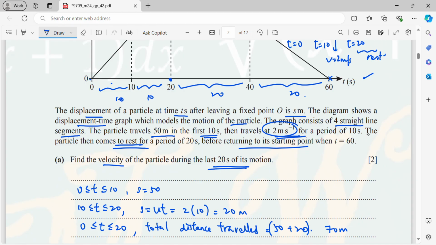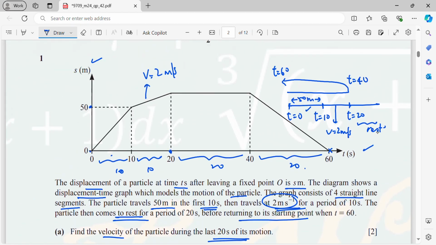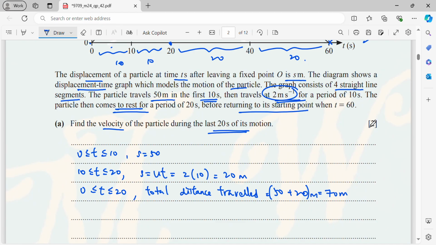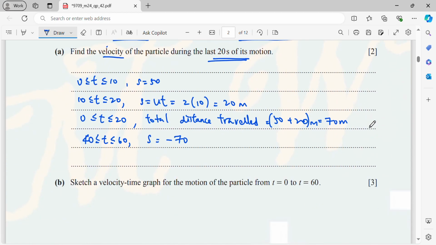70 meters. Then it rests for 20 seconds. After that, it travels back, which means here also 70 meters. But since we are counting velocity, that means from 40 to 60 seconds, the s, which is a displacement, will be negative 70 because it's in the opposite direction.